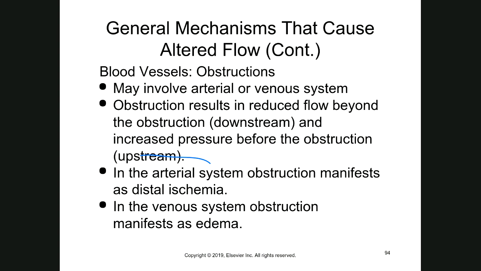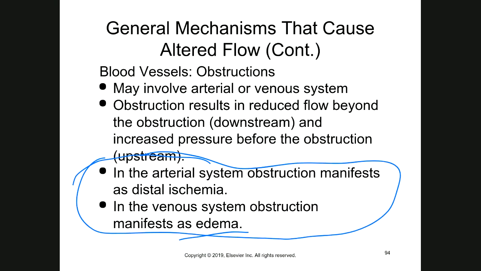In venous system obstruction, you have edema. That's the very difference between these two. Sometimes people don't understand the concept and choose the wrong answer because they don't read completely. Careful with that.